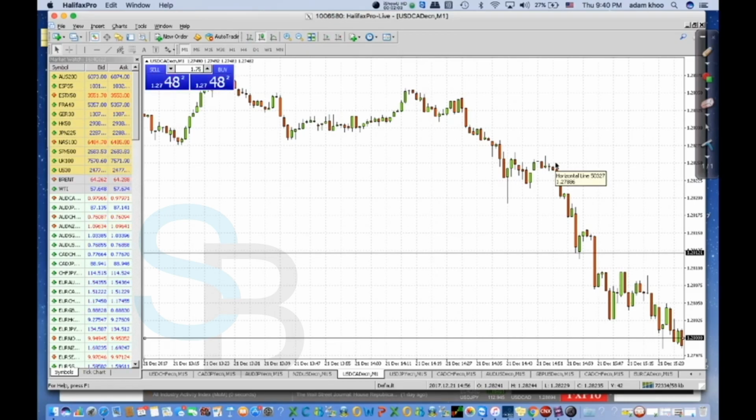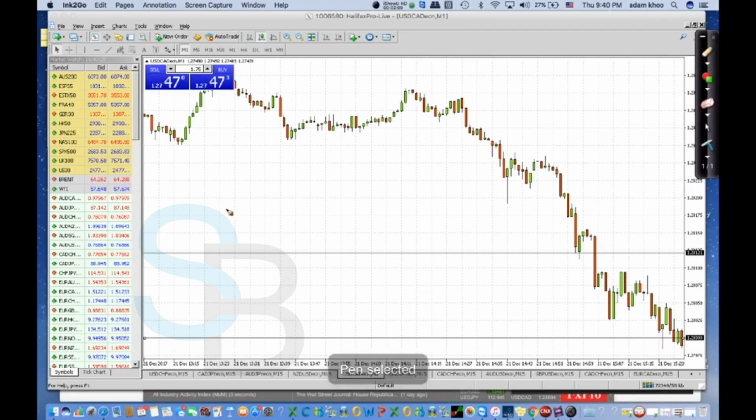If you remember, what happened initially was the price was at 1.2802. Okay, so that was the current market price at 8:27, 3 minutes before the news was released. I always look at the market price at that time.